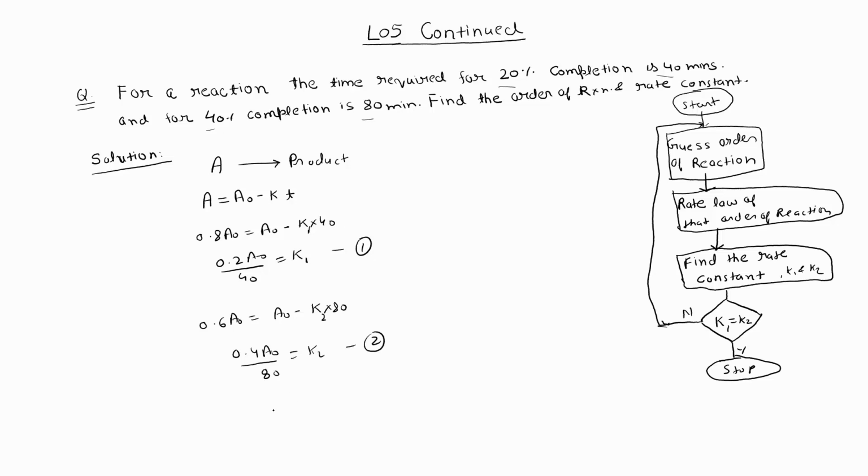Now from the first and second, we get 0.2 A naught by 40 is equal to 0.4 A naught by 80. A naught cancels, so 0.2 by 40 is equal to 0.4 by 80. It is 1 by 200 on both sides, 1 by 200 is equal to 1 by 200.